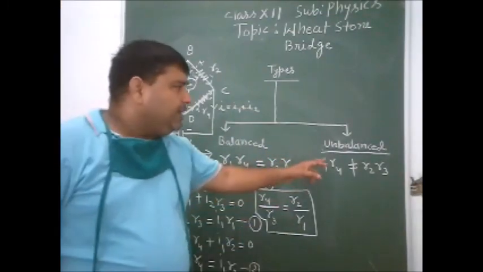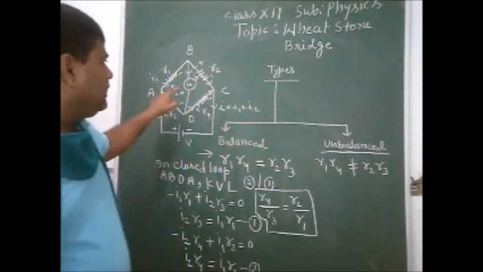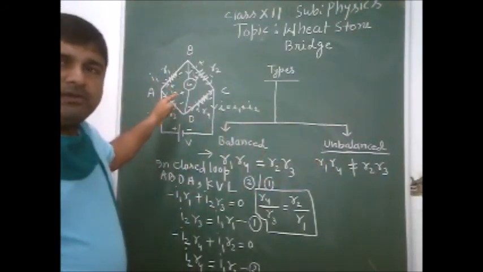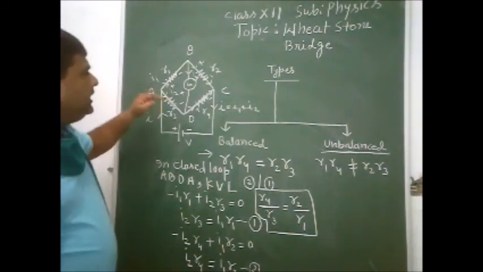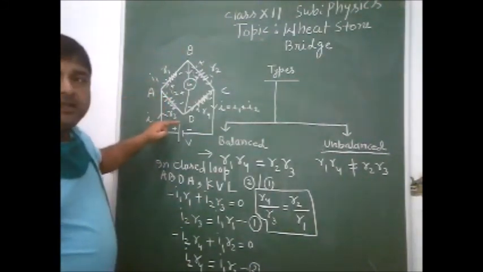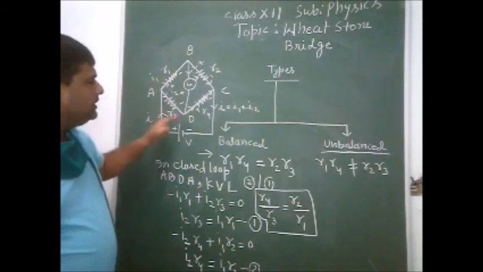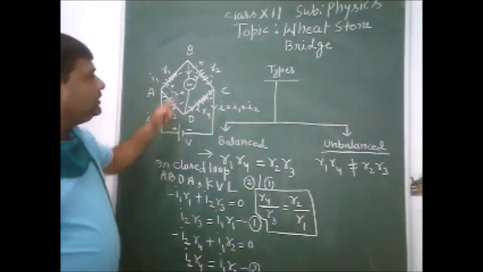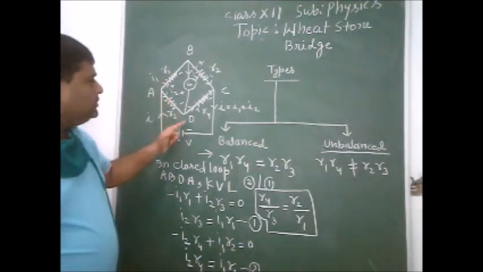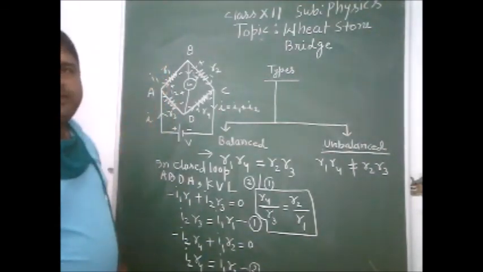In the case of unbalancing, galvanometer current is not equal to 0. There would be a current in the galvanometer. If current is moving from B to D, it means potential of B is greater than potential of D. If current is going from D to B, in that case potential of D is greater than potential of B.